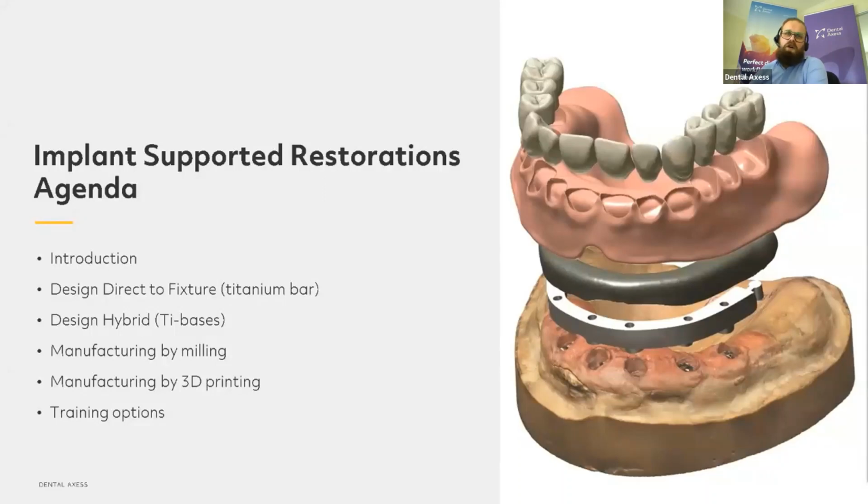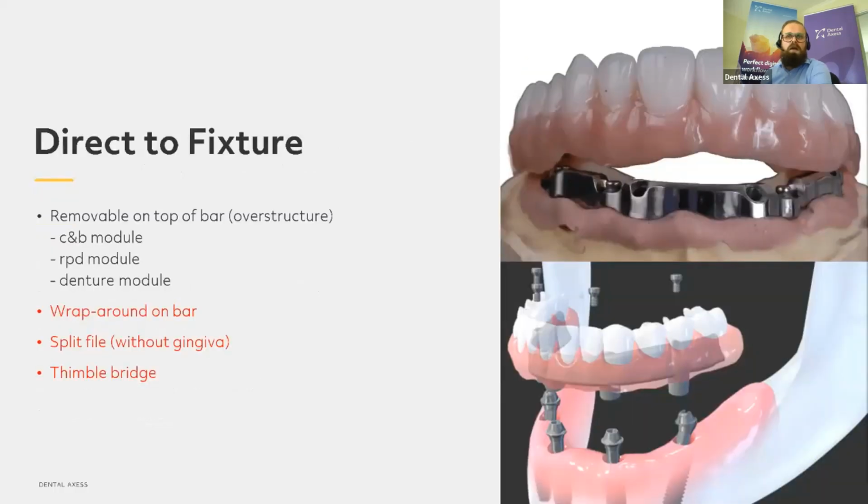Then we go into designing a hybrid-based case, and that's on Ti-base. Matthew is going to talk a lot about manufacturing by milling, manufacturing by 3D printing, your post-processing, and of course we have training solutions. So if everybody is ready to go, I would love to dive directly into the first one, the direct to fixture.